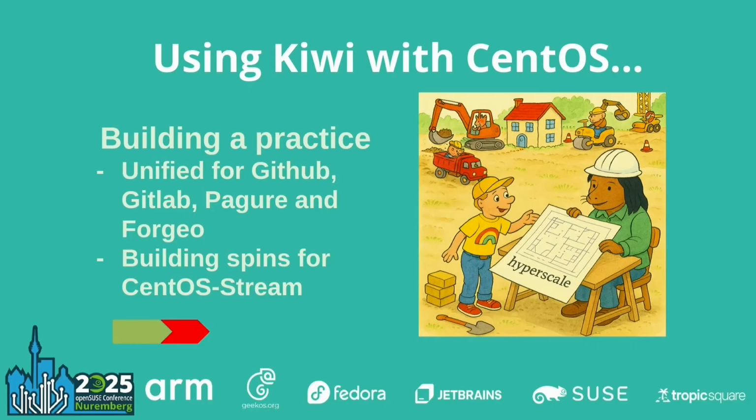So the end result was that using Kiwi with CentOS allowed unifying all of the different practices, and it's not just CentOS, it's also with Fedora, but it allowed unifying the way that we approached providing deliverables in the CentOS community on top of whatever Red Hat was providing for CentOS Stream Core, across whatever Forge environment we were using, across whatever tooling we would like to use, across whatever mechanism of development we'd like.